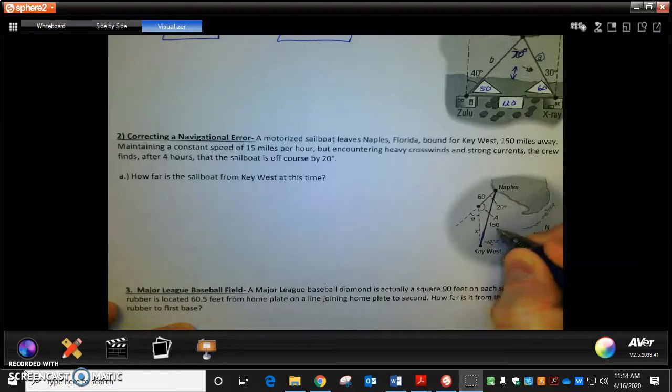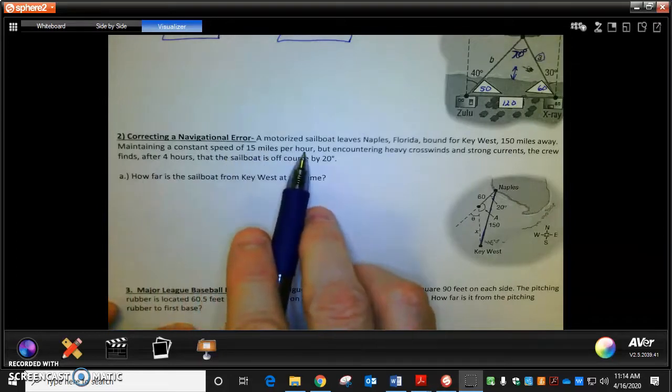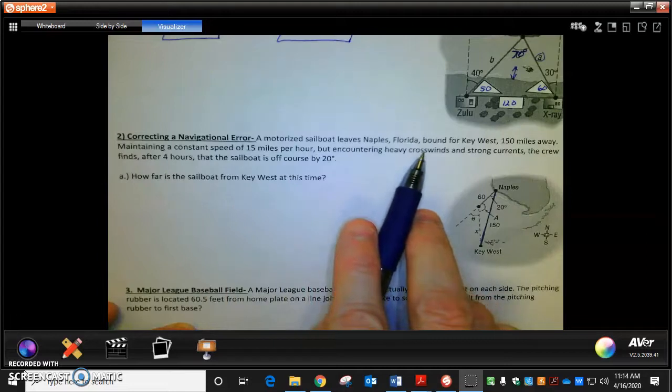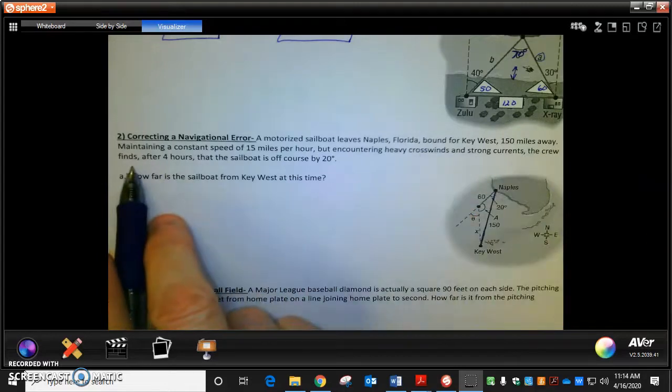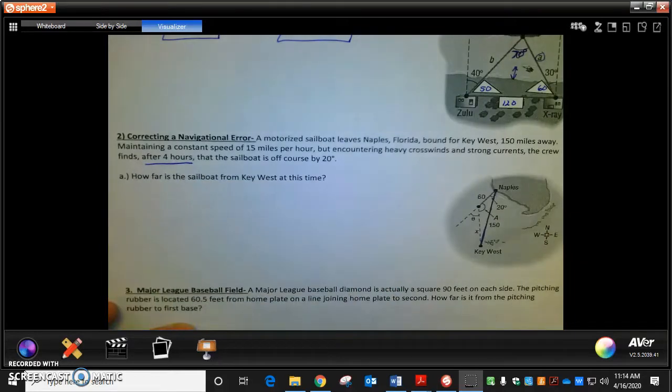It's 150 miles. Maintaining a constant speed of 15 miles per hour, but encountering heavy crosswinds and strong currents, the crew finds that after 4 hours the sailboat is off course by 20 degrees. So they did not go straight towards Key West.